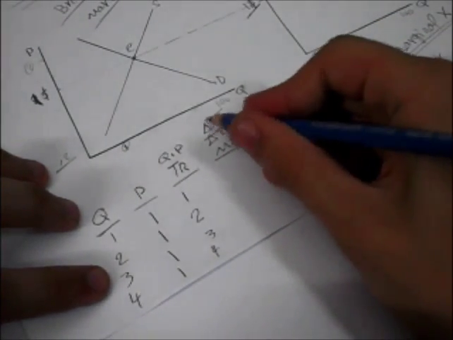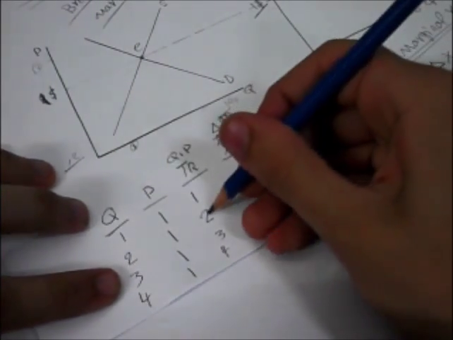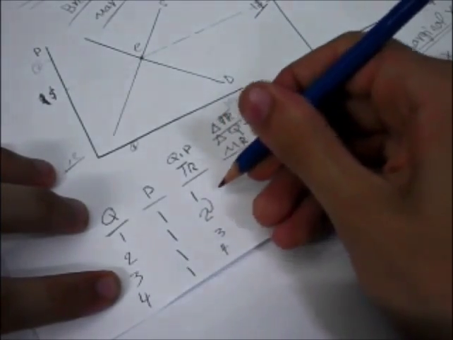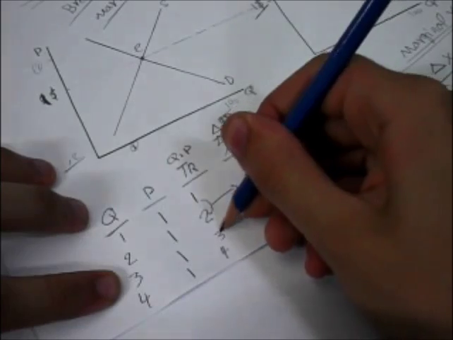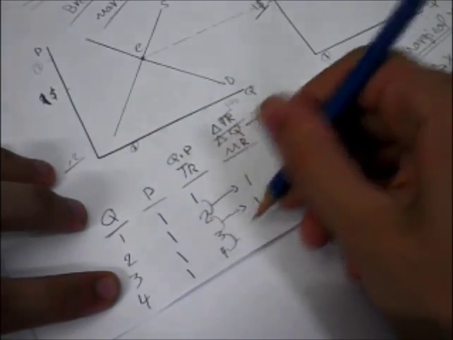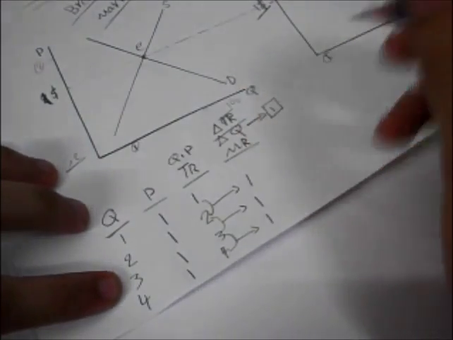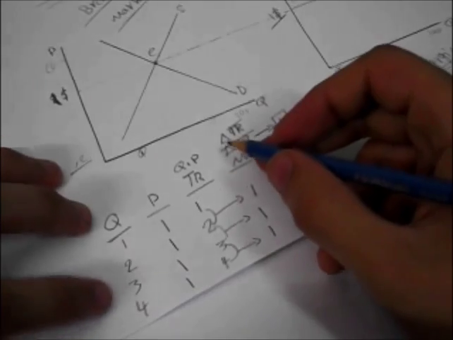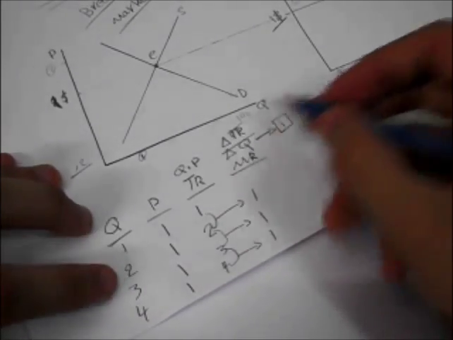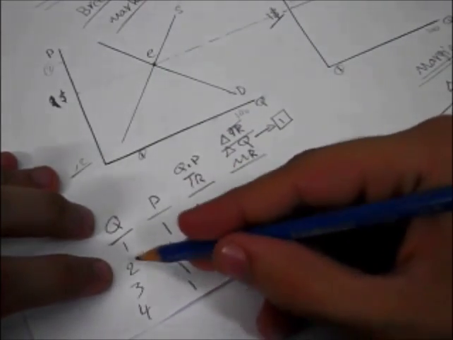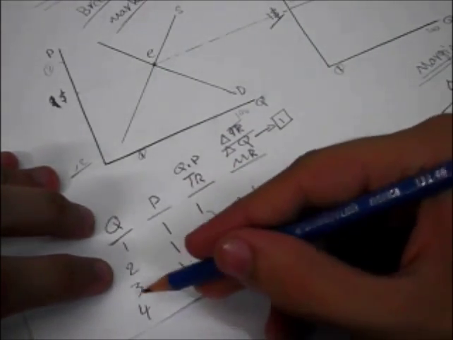So let's get the change in the total revenues. From 1 to 2, the change is 1. 3 minus 2 equals 1. 4 minus 3 equals 1. Just recalling that we divide by the change in quantity, which is constant, it's 1. 2 minus 1 is 1, 3 minus 2 is 1, 4 minus 3 is 1.